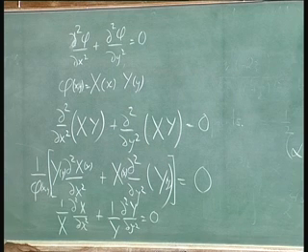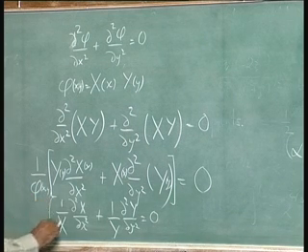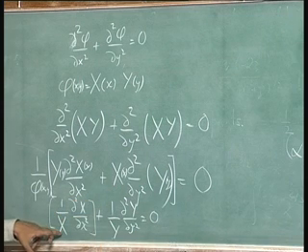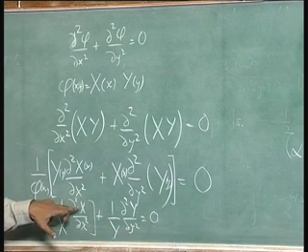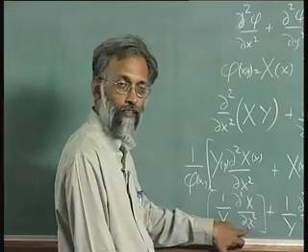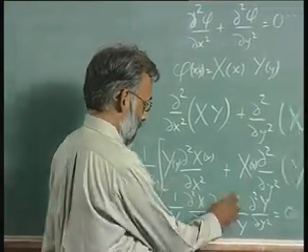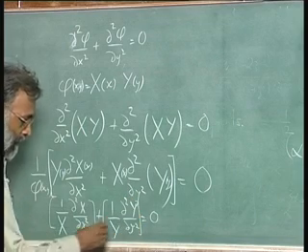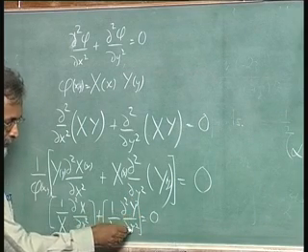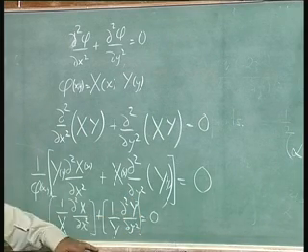Now, there is something very remarkable about this equation. This part of the equation depends on x, depends on x, depends on x. It does not depend on y at all. This part of the equation depends on y, does not depend on x at all.